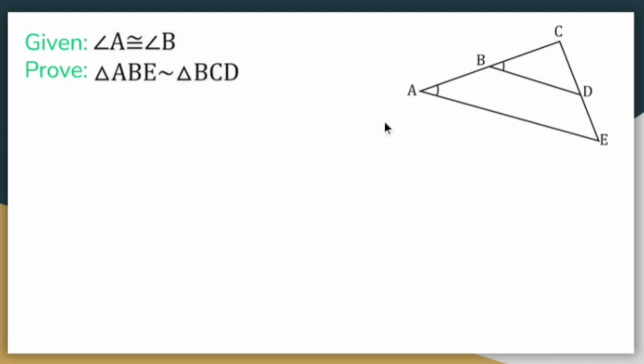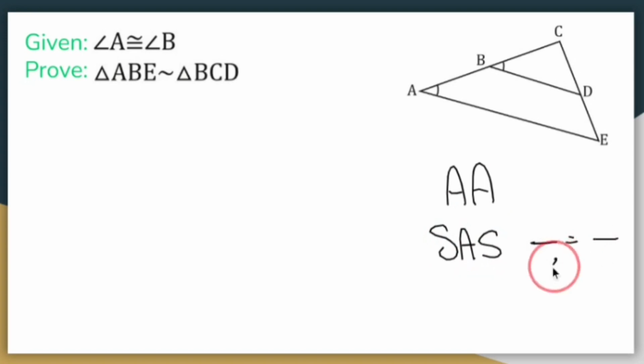Similar is a lot friendlier than congruent. For similar, I have 3 main theorems that I can use. If I could show 2 angles are congruent, I'm done. If I could show that 2 sides are proportional, side over side equals side over side, and that 2 angles are congruent, I'm done. Or I could show that side over side equals side over side equals side over side, and then I'm done.